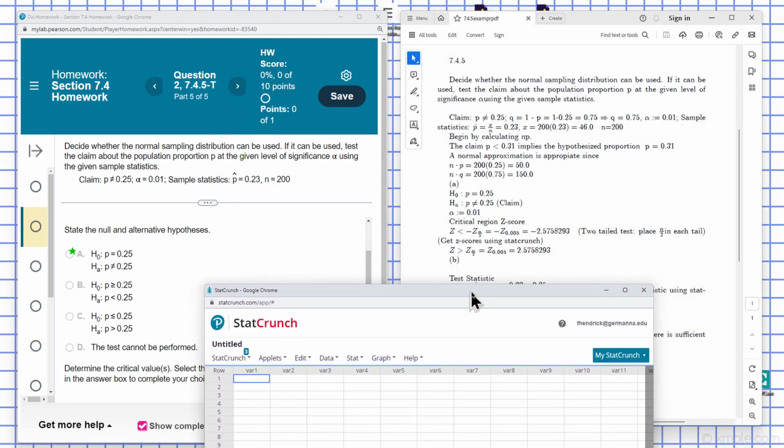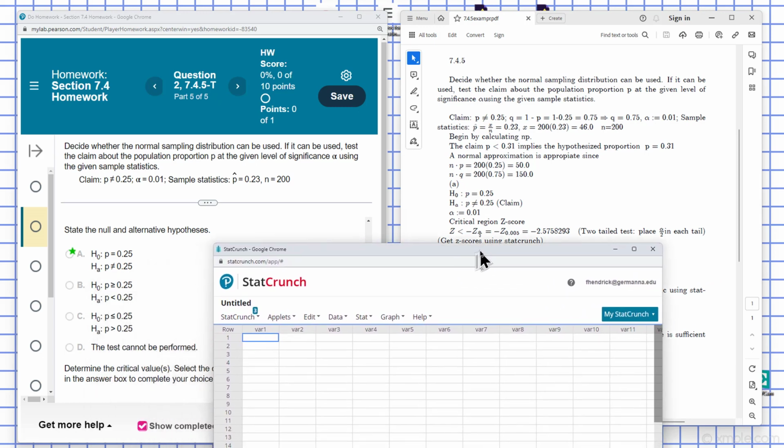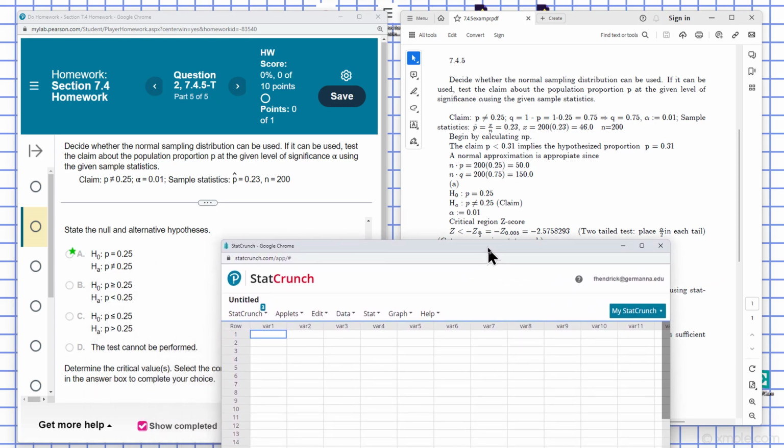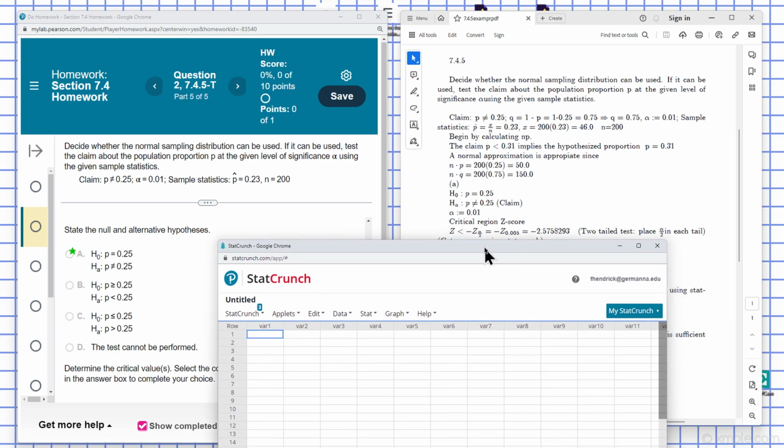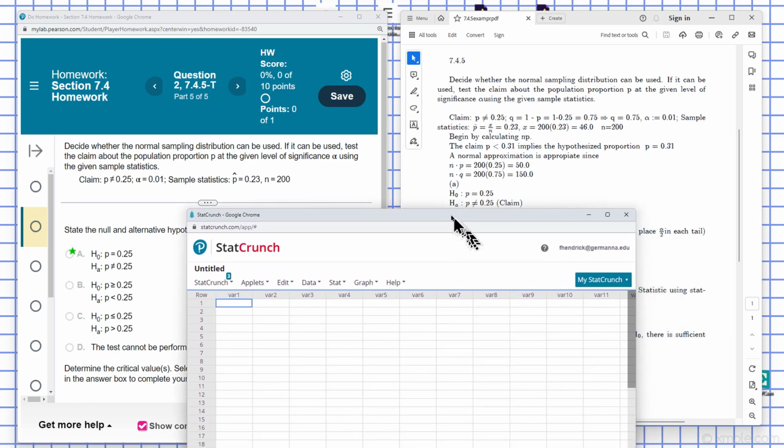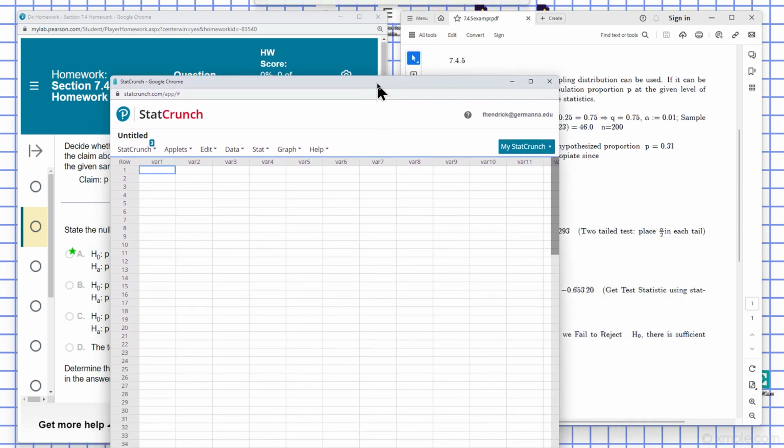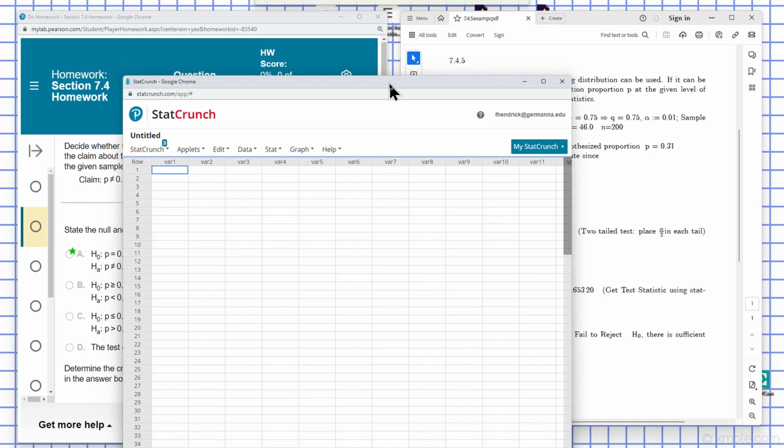Notice here we have a two-tailed test, so the critical significance region, we divide the significance by half. It'll be half of 0.01, which is 0.005. So we can find that to the left-hand side.